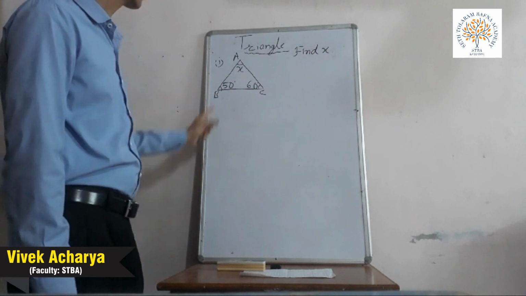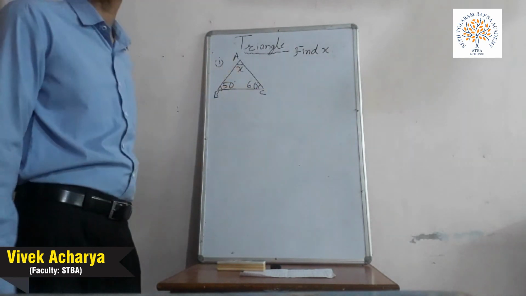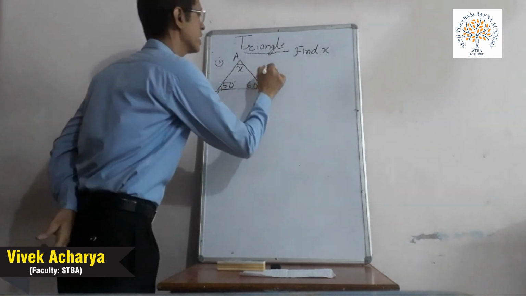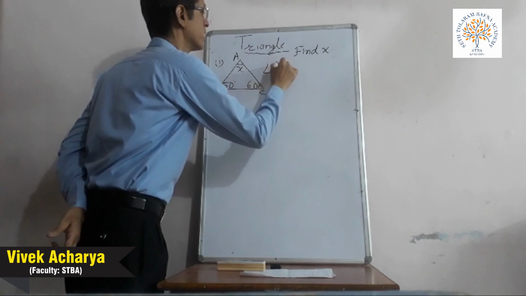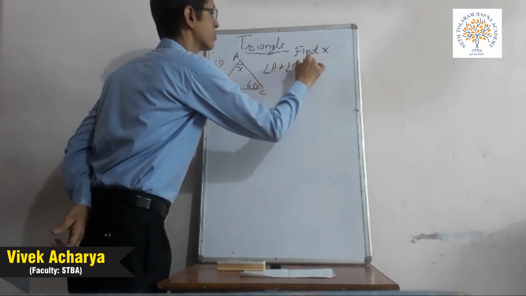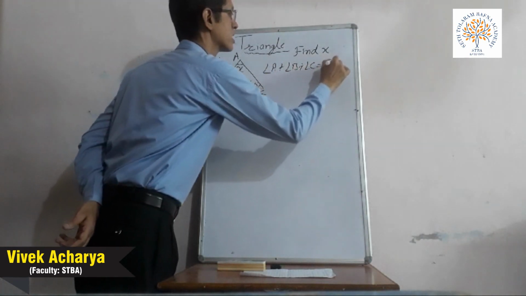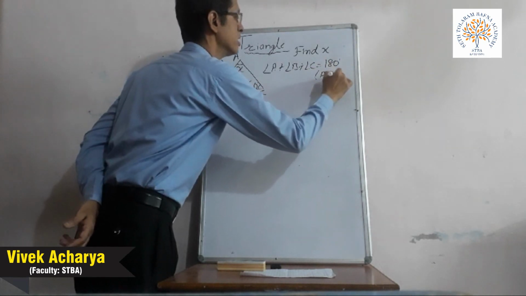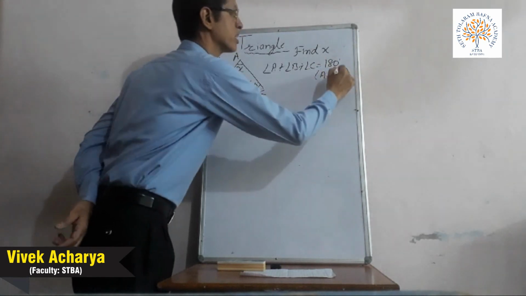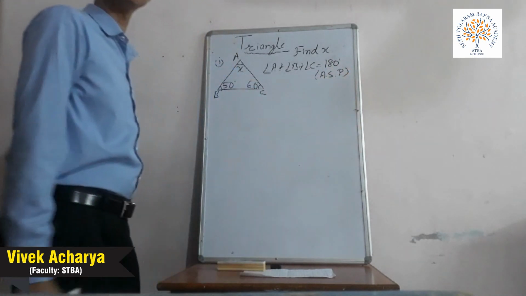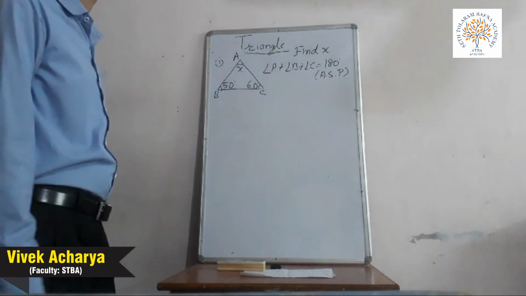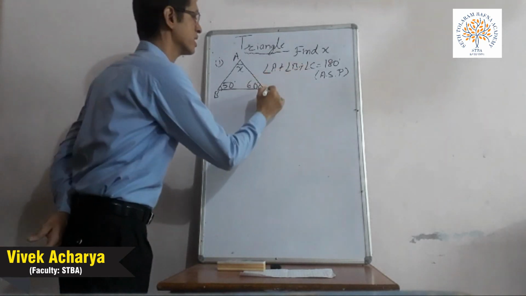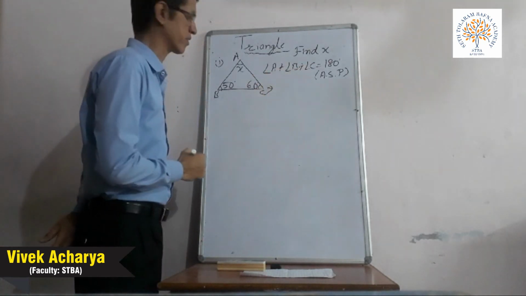So children, using the angle sum property here, angle A plus angle B plus angle C is equal to 180 degrees.